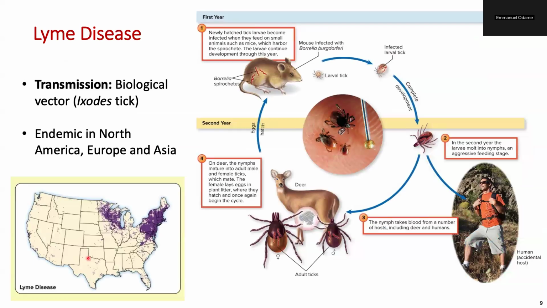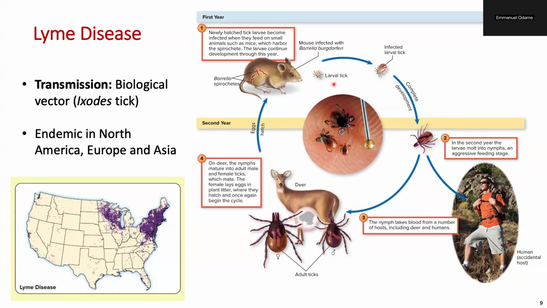Now let's discuss how Lyme disease spreads. It spreads through a biological vector, our very old known one, and it is zoonotic. It's more endemic in North America, Europe, and Asia. So now let's say we have the primary reservoir, or the primary host here, which is this mouse, and now you have a tick.